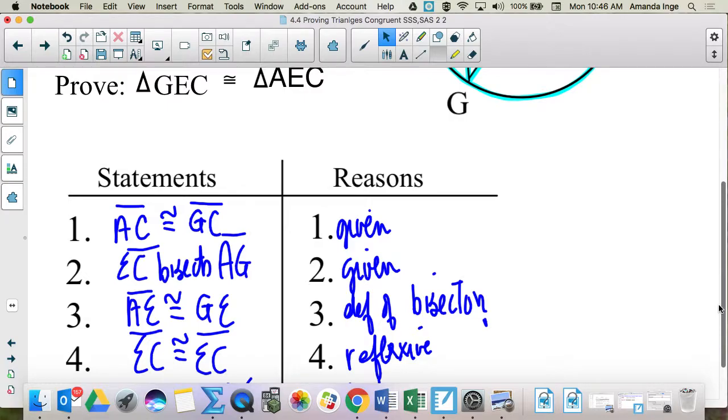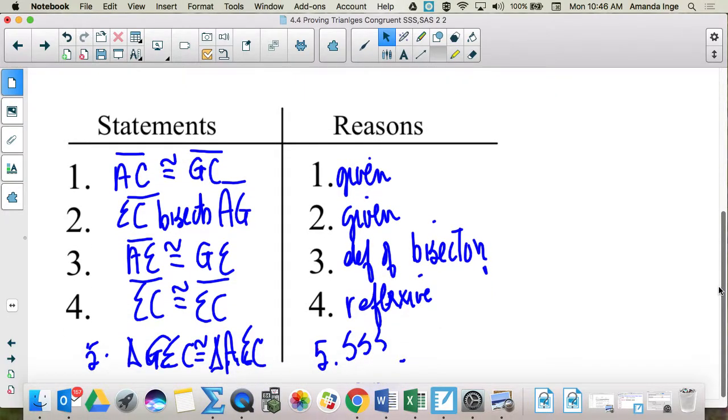Okay. We have that AC is congruent to CG, that's given. We have that EC bisects AG, that's given. That means that AE is congruent to GE, definition of bisector, and it would be a segment bisector. We know that EC is congruent to itself because of the reflexive property.